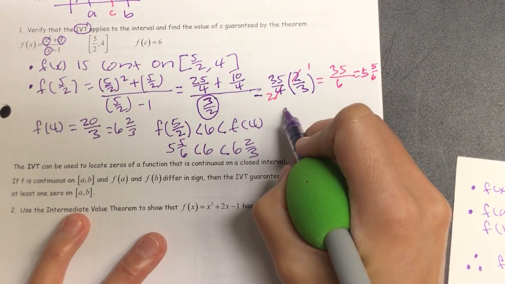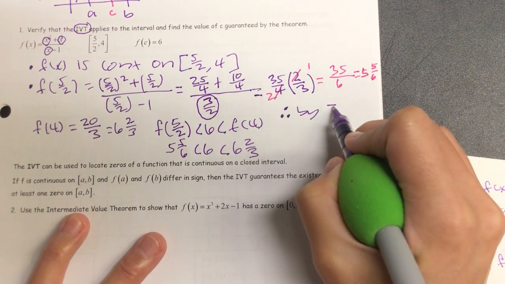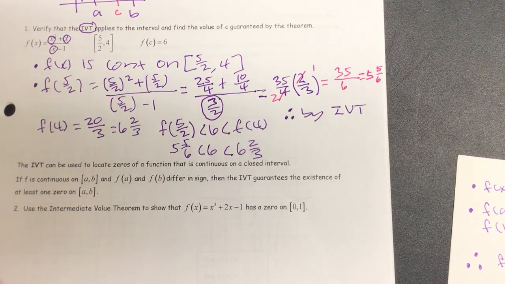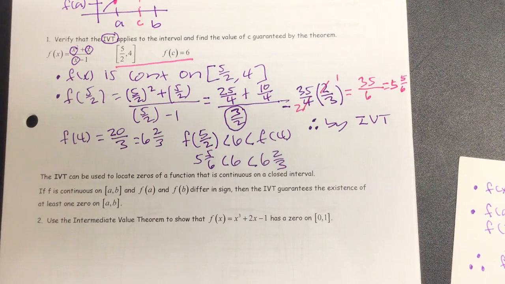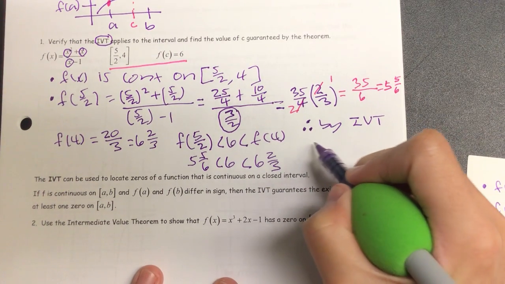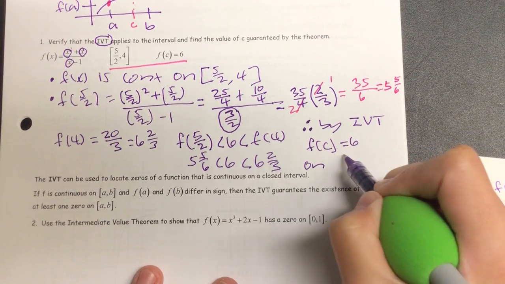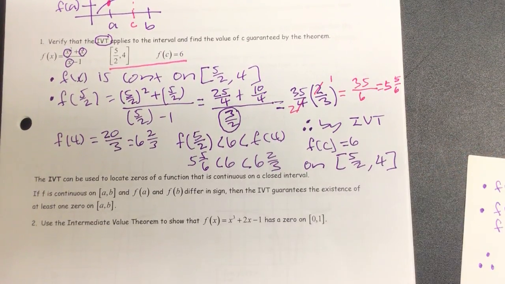So we're allowed to say, therefore, by the intermediate value theorem, IVT, and we are going to restate the problem given from the original, the interval and the value. So that's going to state, by the intermediate value theorem, f of c must equal 6 on the interval given, 5/2 to 4 inclusive.